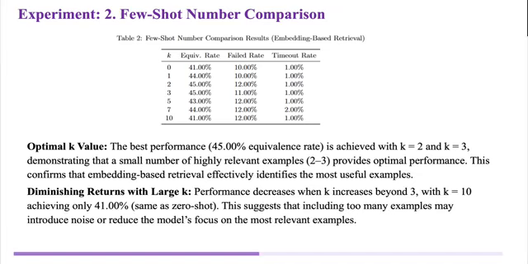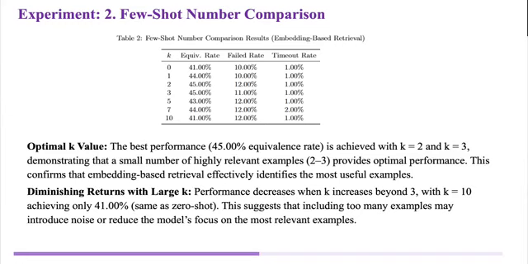So from the result of the few-shot number comparison, we can see the best performance is achieved with K equals 2 and 3, demonstrating that a small number of highly relevant examples provides optimal performance. This confirms that embedding-based retrieval effectively identifies the most useful examples.